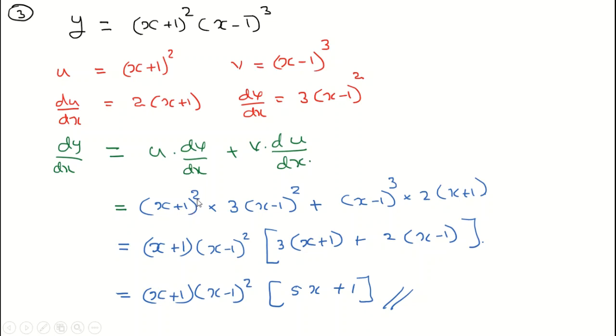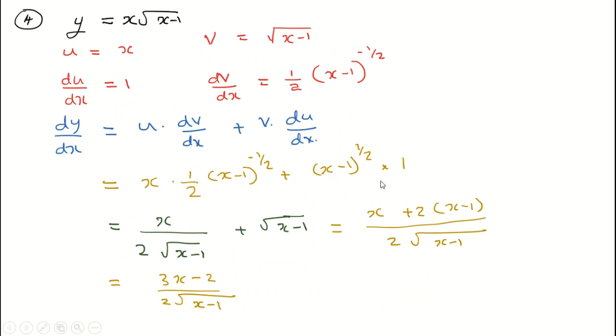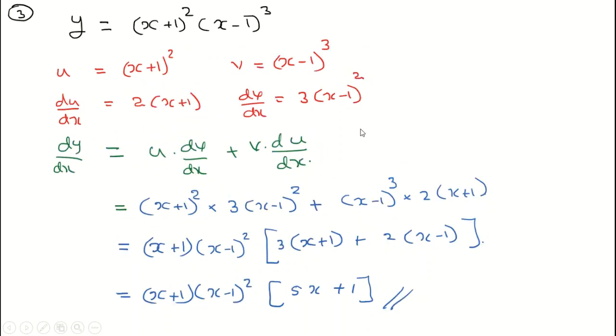x plus 1 squared into 3 times x minus 1 squared plus x minus 1 cube into 2 times x plus 1. So who are the common guys here? The easiest way to simplify is to pull out the common guys. That's x minus 1 to the power 2 and x minus 1 to the power 3. So x minus 1 to the power 2 is common.